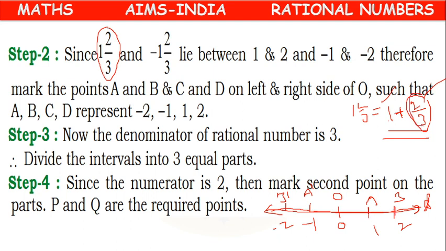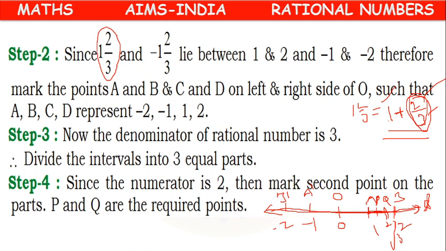As we need to represent 2/3, in the denominator 3 parts are there. We have to divide the segment between A and B into 3 parts. So how to represent 3 parts? We need the help of 2 more points, P and Q, such that there is first part, second part, third part. Now 2/3 means first part, second part, so this Q value will be 2/3.